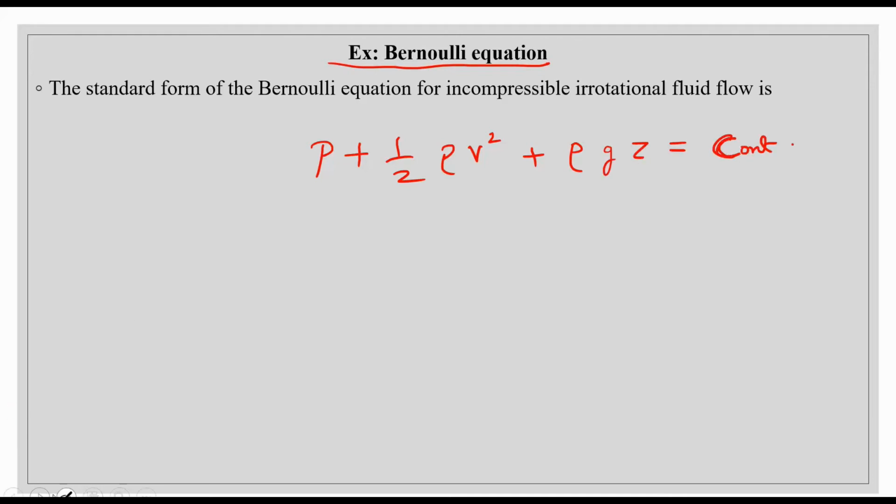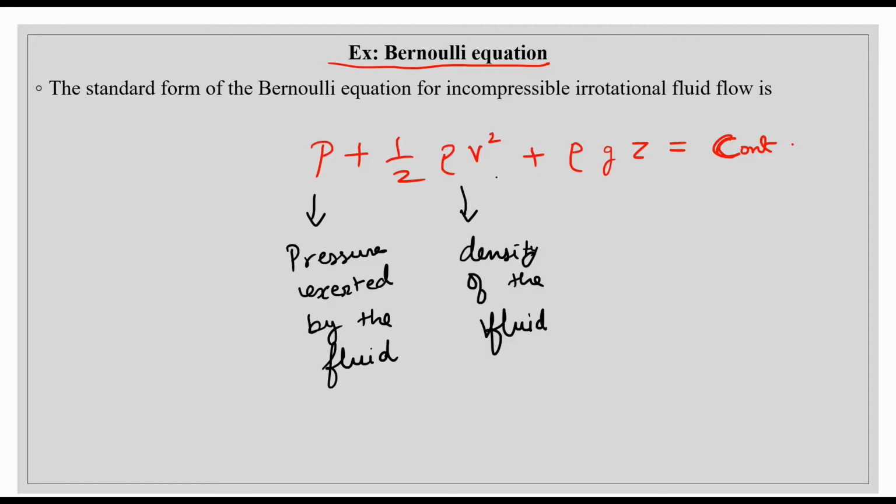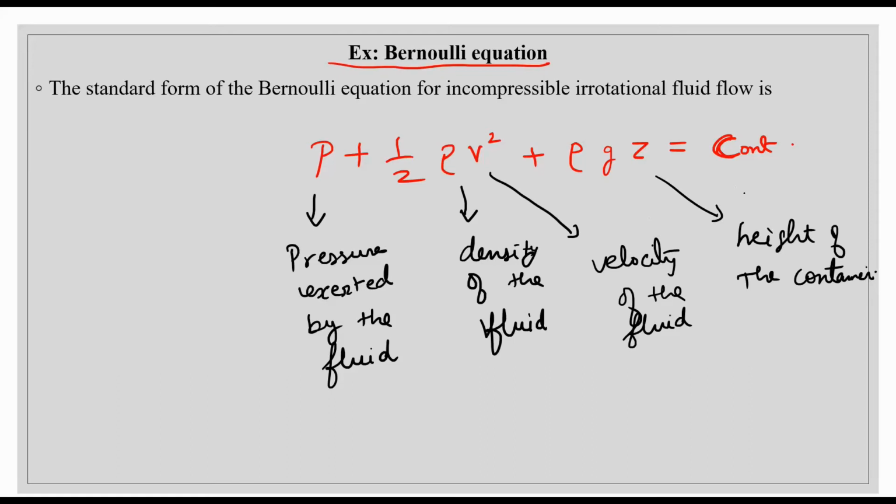This is an equation for an incompressible irrotational fluid flow, where P represents the pressure exerted by the fluid, and rho is the density of the fluid. V is the velocity of the fluid, and z is the height of the container, and this one is the constant.